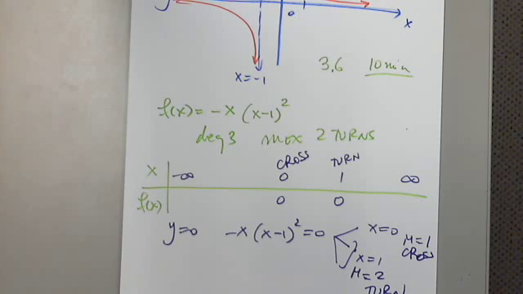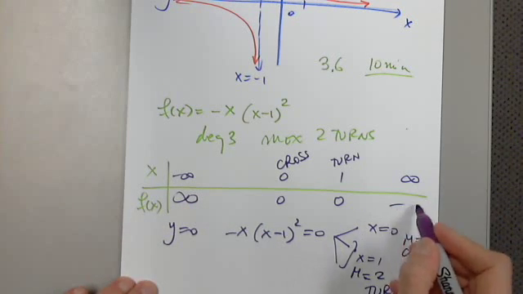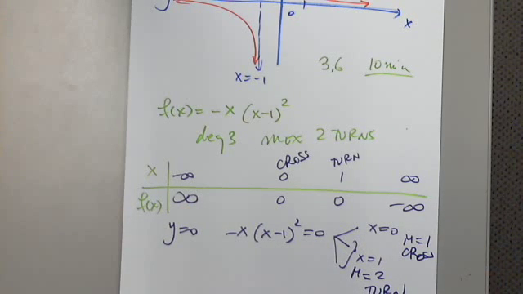Number 1 or number 2? Number 2, and that's the end behavior. Is this function symmetric? No, not possible. If it's crossing at the origin and turning at 1, not possible. Okay, I will write not symmetric.